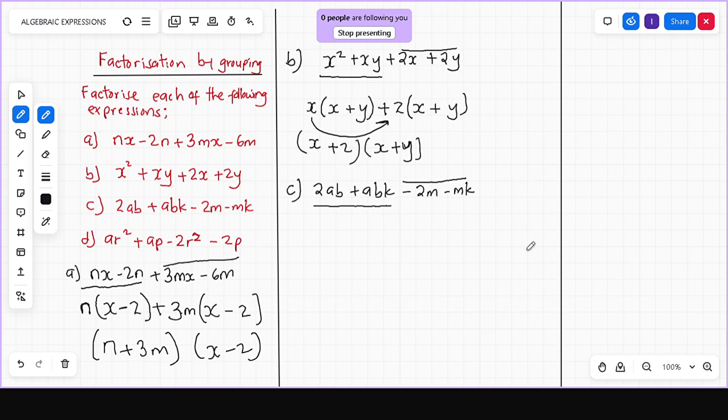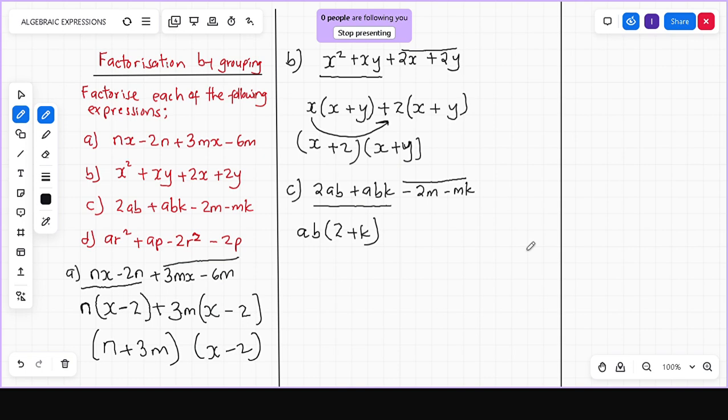The common factor in the first part is ab. 2 is not common in the first two terms, and k is also not common. So we take ab outside the bracket. 2ab divided by ab, we are left with 2, plus abk divided by ab, we are left with k, and close the bracket.